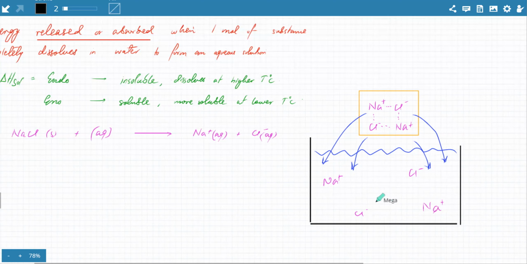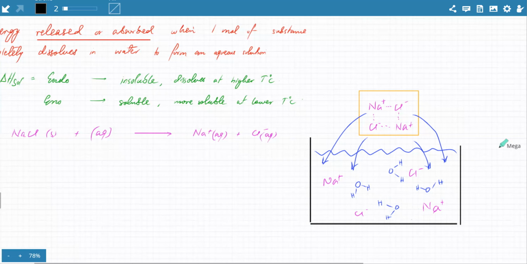Is that clear? And you have lots and lots of water molecules that are going to be in the middle. So let's assume that there are plenty of water molecules that are going to come in the way.